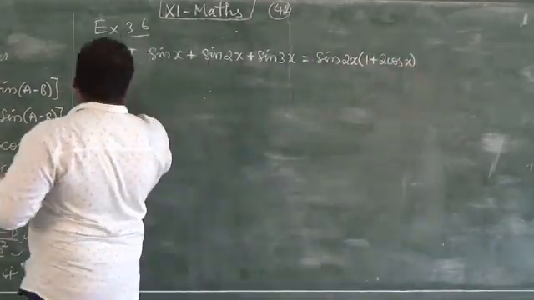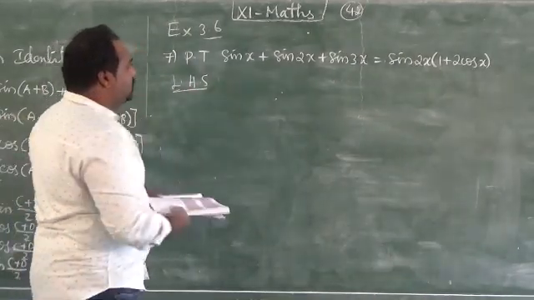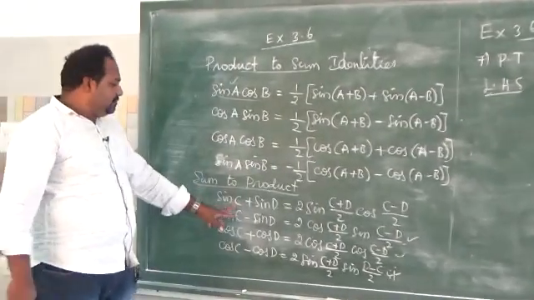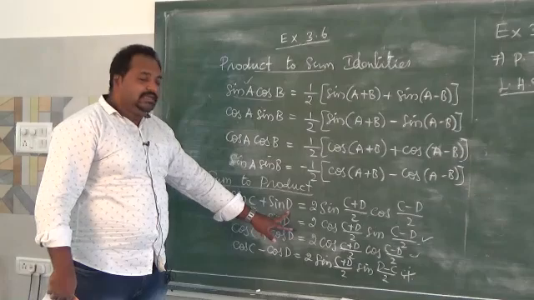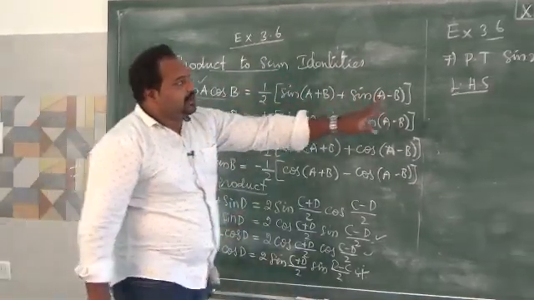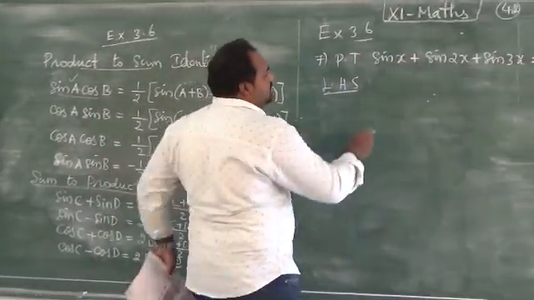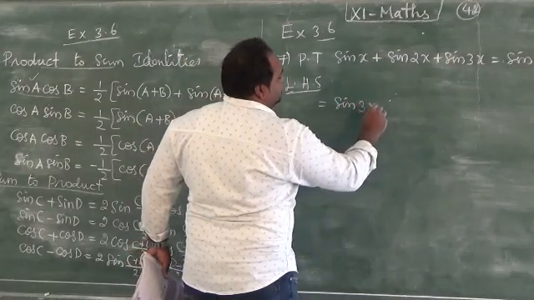Here I am going to take the LHS side. Before that I told you, when you have a sum to product formula, better is C always a bigger value, D supposed to be smaller. So I have to rearrange the order in the LHS side. Rearrangement is, sin 3x I can write first.